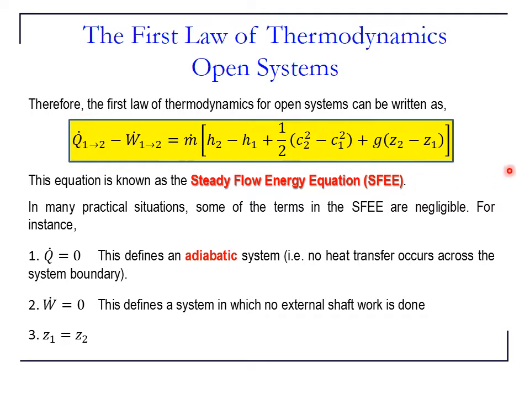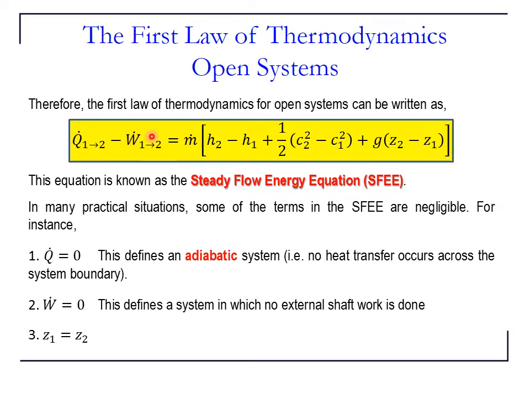Then we can have a look at each of these different terms in here. The first one is the heat transfer during the process from 1 to 2, and this is actually the rate of heat transfer, so it has the unit of power, for example, the watt or kilowatt.